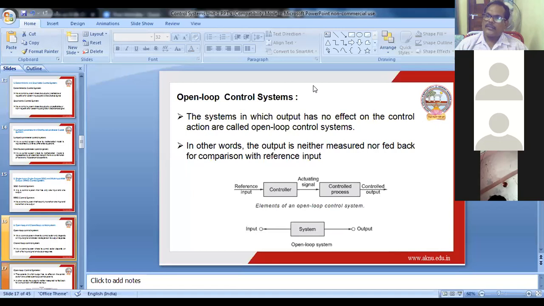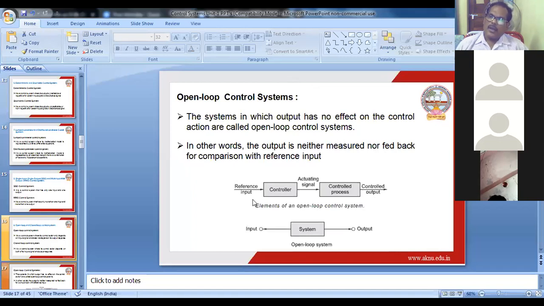The error detector generates the activating signal. In the open loop control system, there is no feedback path. Because of that, the output is not affected by the control action. So this is simply an open loop control system.